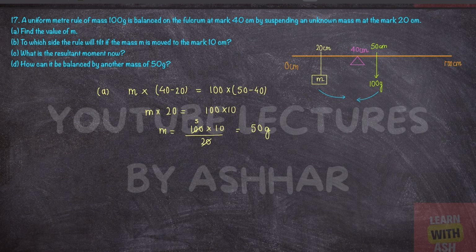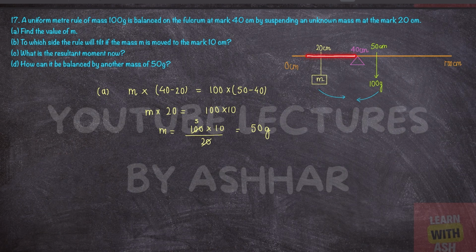Then after that, they have asked us to which side the rule will tilt if the mass m is moved to the 10 centimeter mark. So consider in this way. If I have shifted this 20 centimeter mark mass to the 10 centimeter part, the distance will increase.